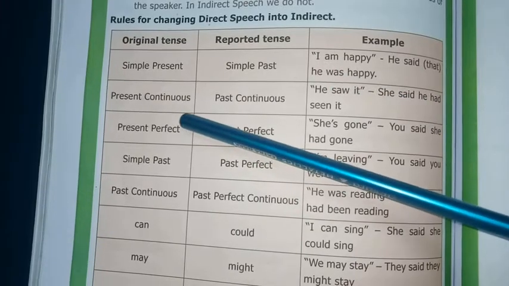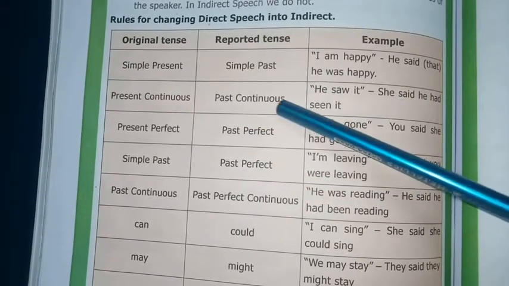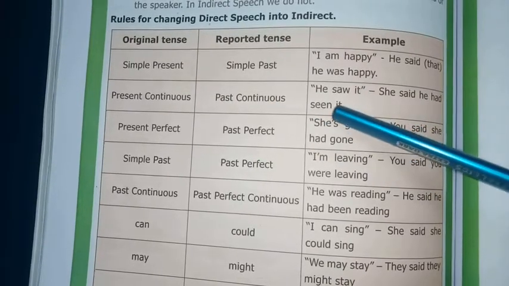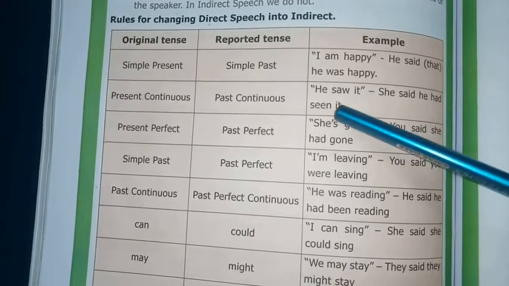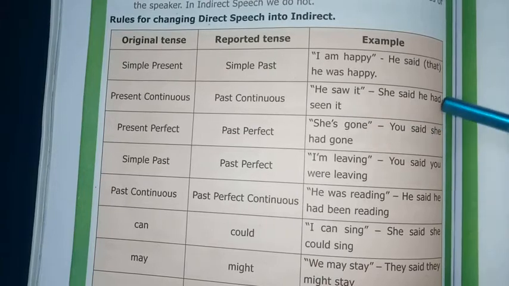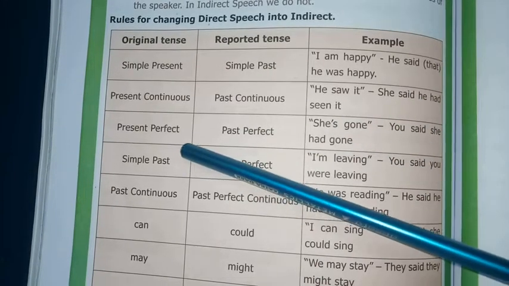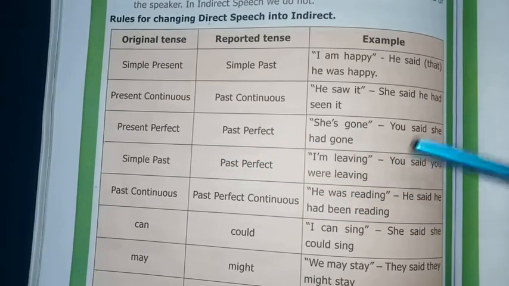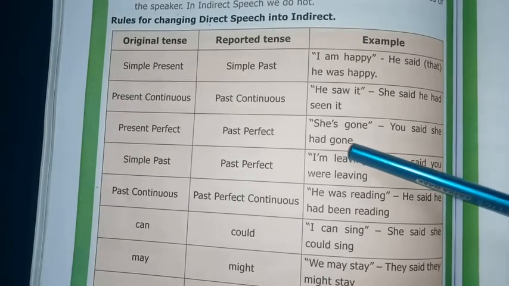Like that, here present continuous, then in reported speech, past continuous. Example, he saw it. He said he had seen it. Yes, present continuous is changed into past continuous. Present perfect as past perfect. She's gone. You said she had gone.